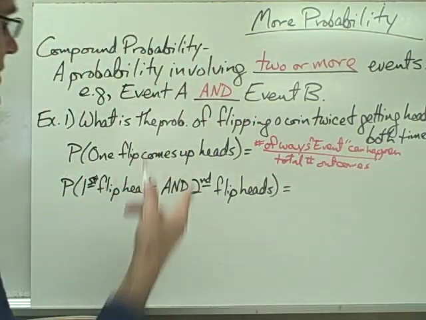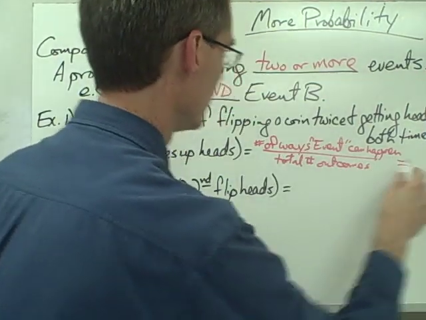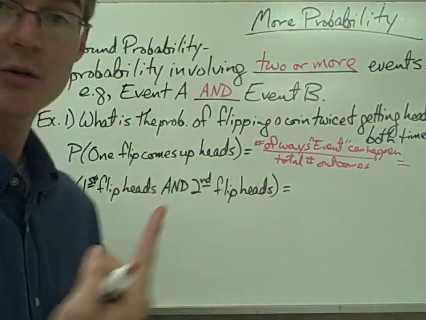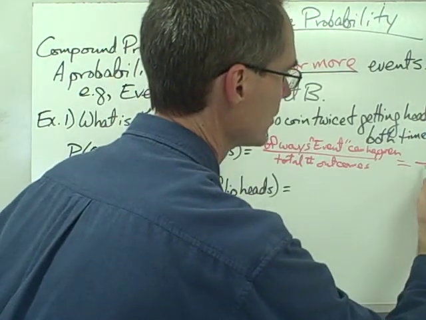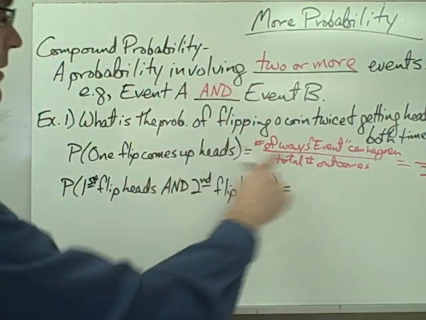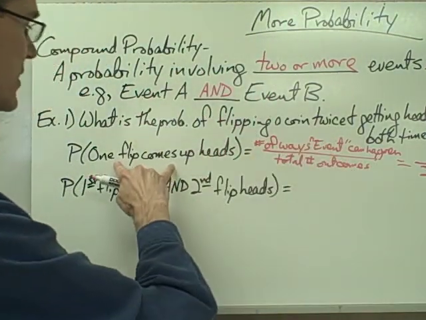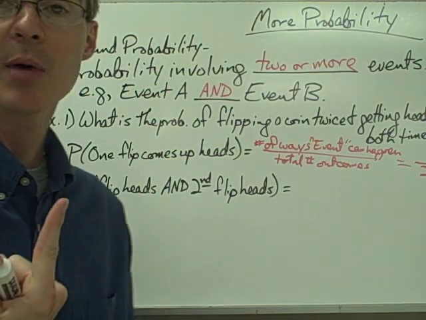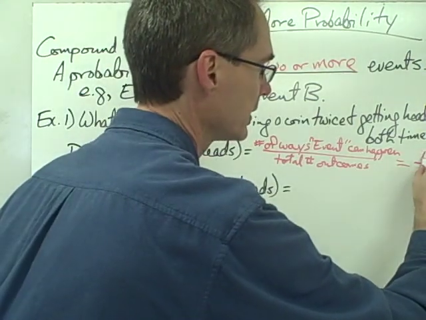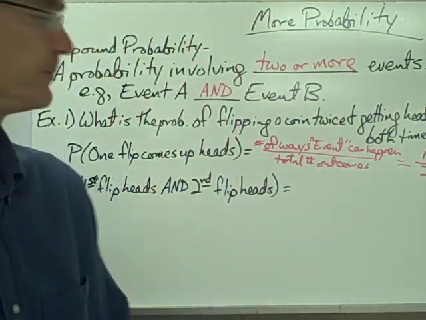And for flipping a coin, this is not that hard to calculate. The number of possible outcomes, it's either heads or tails, so we only have two outcomes. And there's only one way that this particular event can happen. It can only come up heads one way, so our probability then is 1/2.